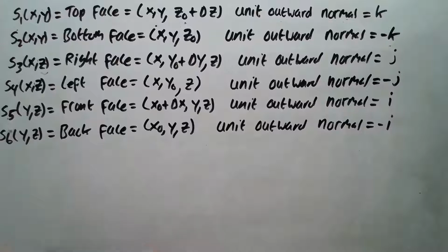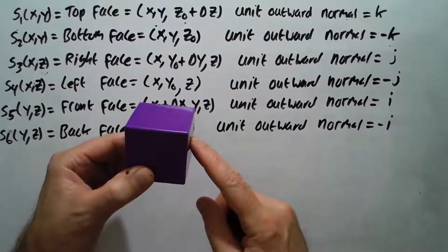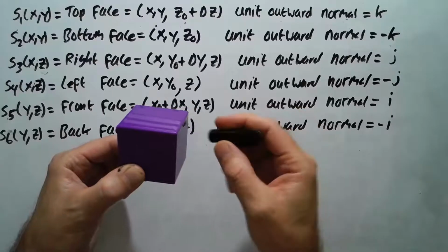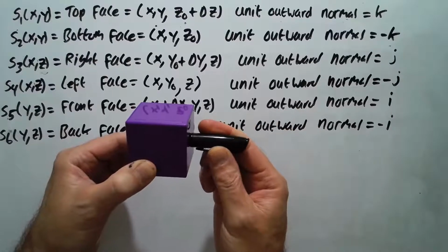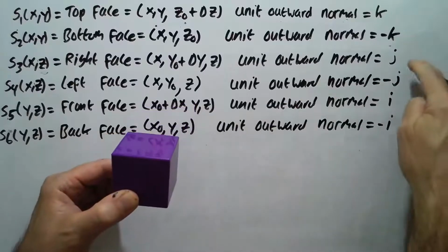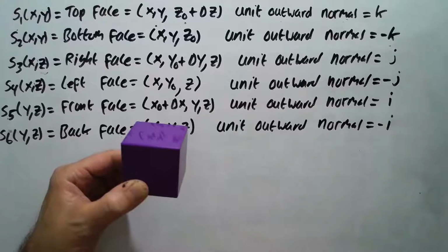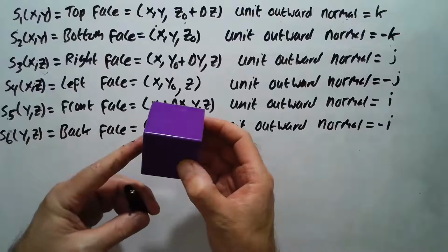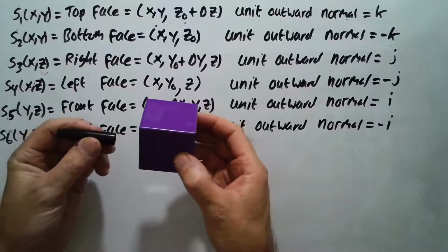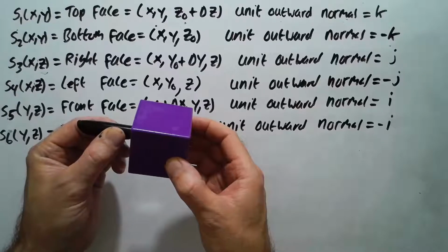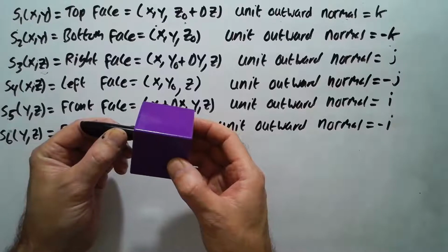And then the right face would be here, so the unit normal vector sticking out of the right face would be here, and that's pointing in the positive y direction, so it's going to be j. And the left face would be over here, so the unit normal sticking out of the rectangle will be pointing this direction. That would be in the negative y direction, so it would be negative j.